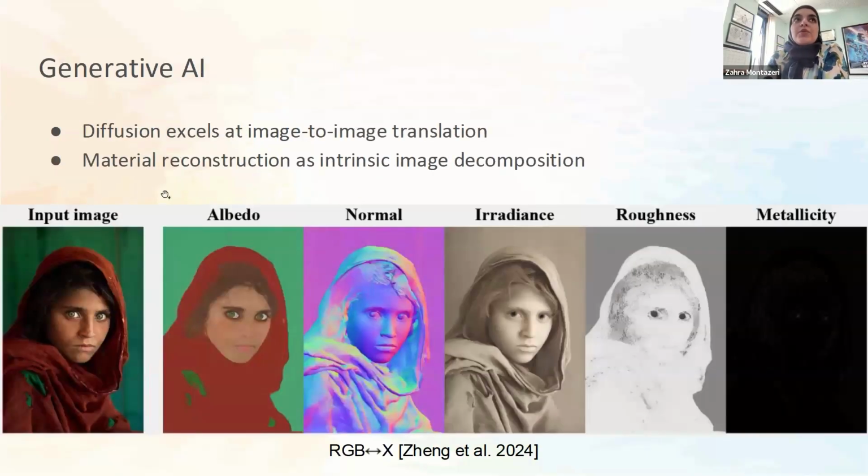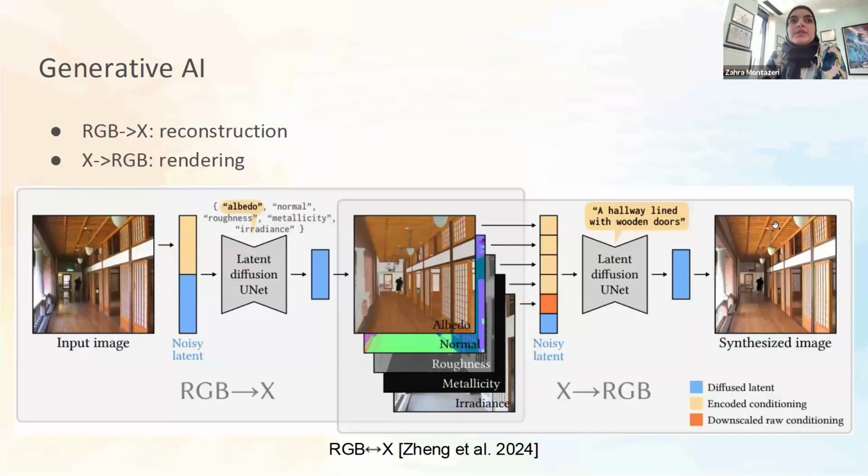And then later, there are some works on generative AI. Technically, we have GAN models or diffusion models, where we can reconstruct an input image by splitting it into these maps. For example, this particular paper is the RGBX paper, which is quite interesting, where we can convert RGB, which is an input image, into X, which is called the G-buffer.